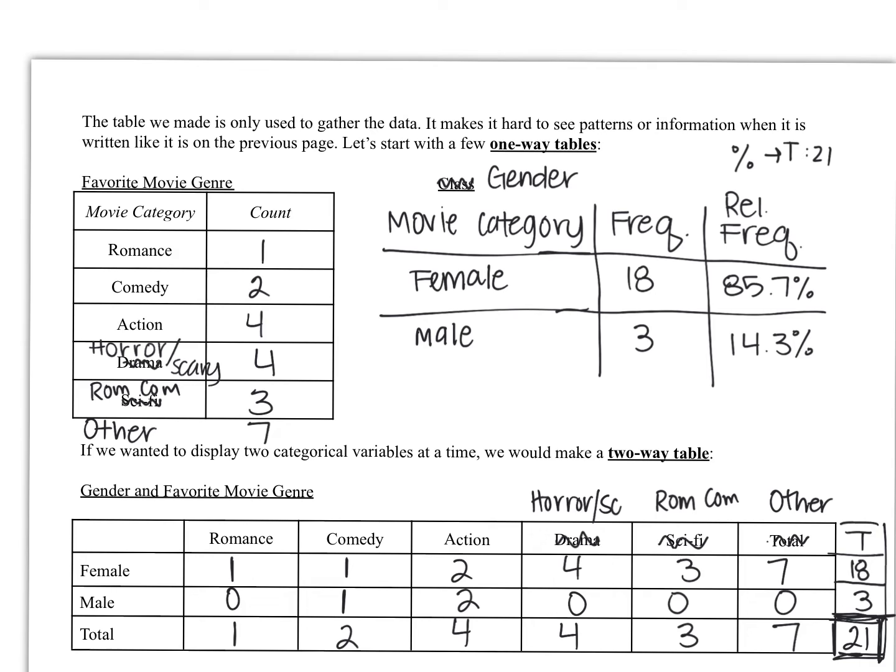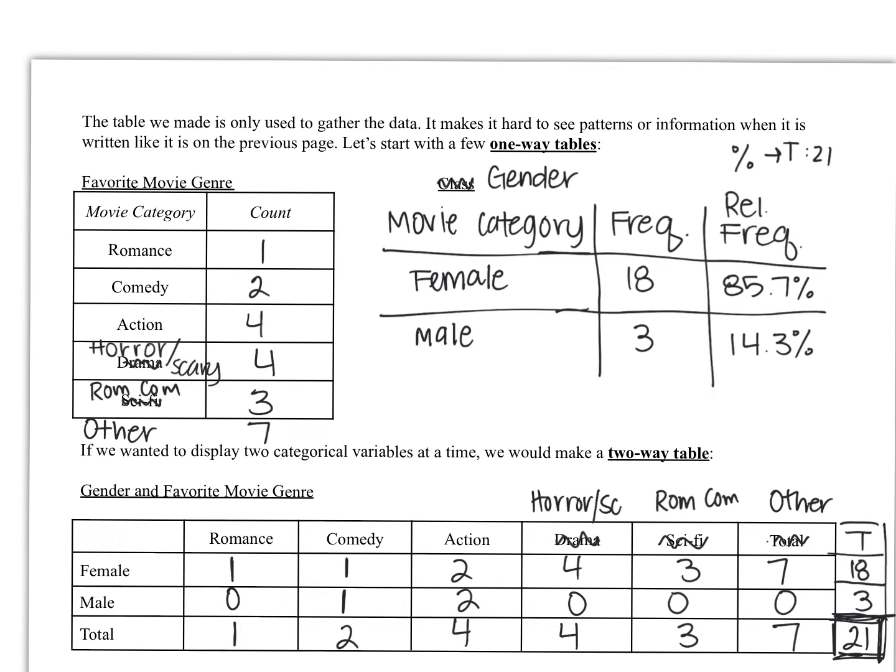Now, depending on the size of your sample, relative frequency may not be the best way. It also depends on how many categories you have. So in this case, only 2 categories and having such a small sample of 21, using a relative frequency like this maybe not the best way to display the data. It would have been better to go based off the movie category itself and not the gender.